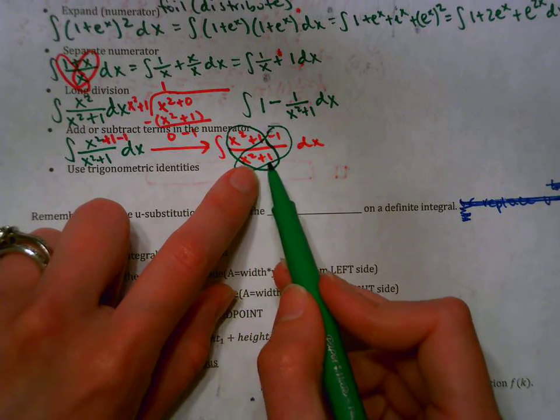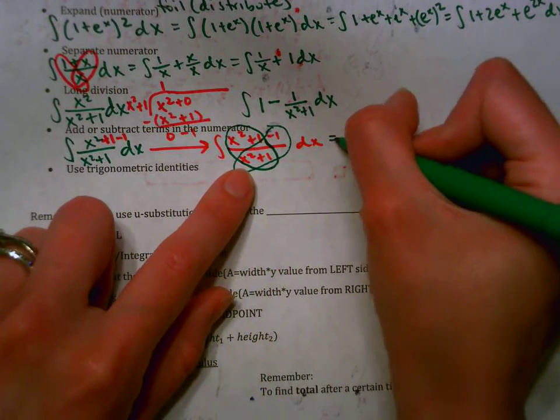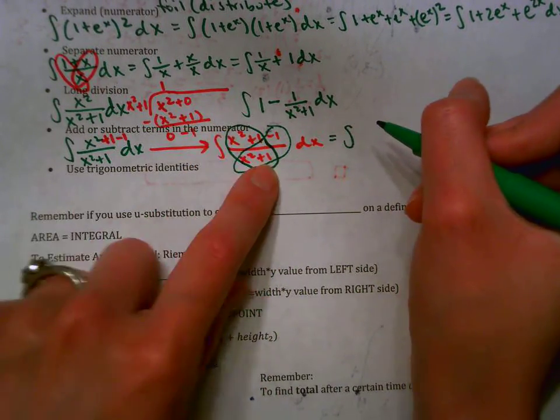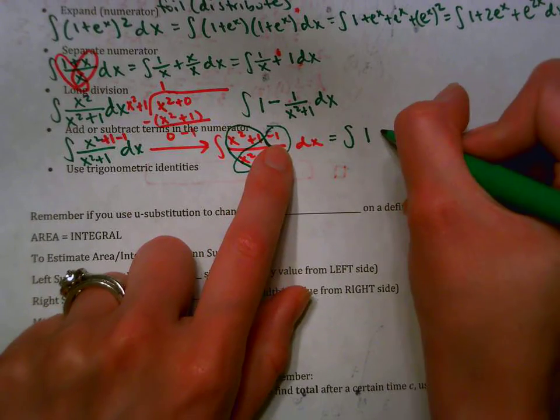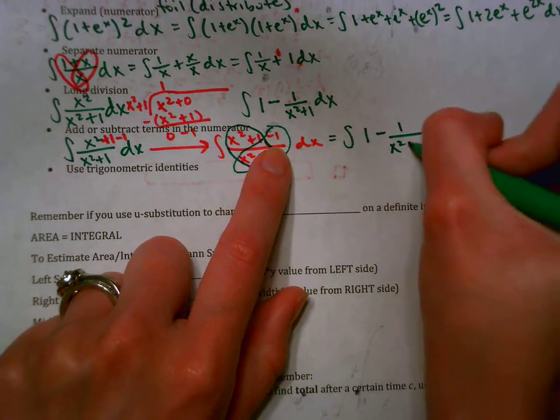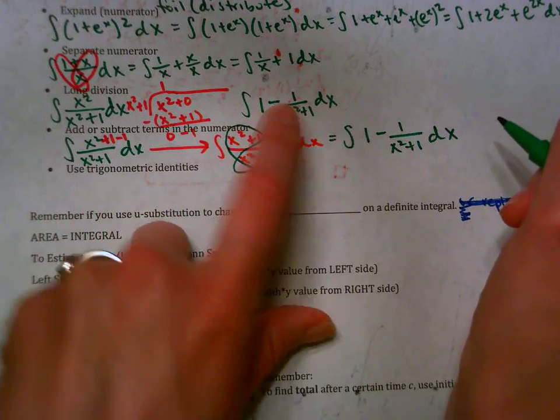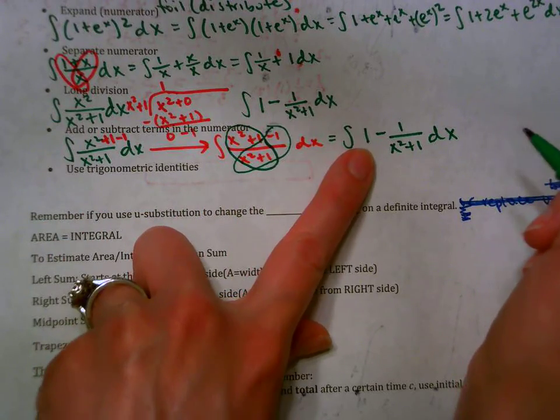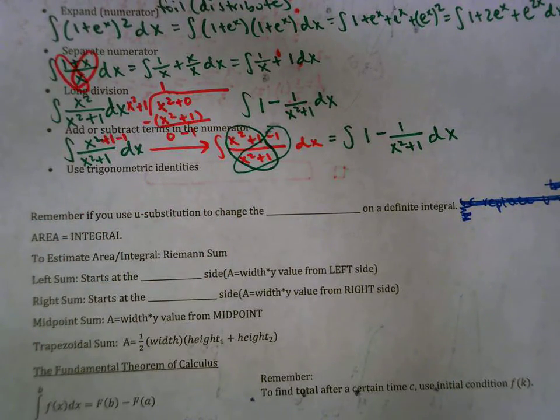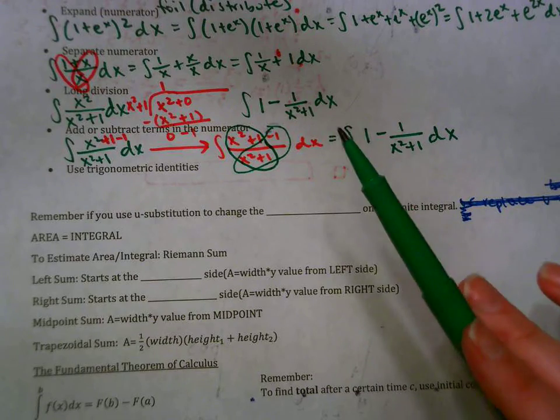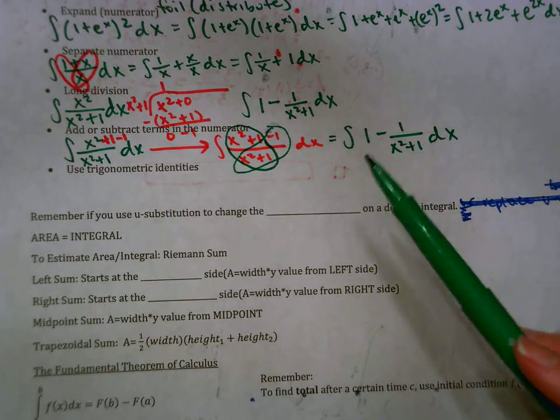I didn't separate my x squared plus 1 on the bottom. And that would turn to x squared plus 1 over x squared plus 1 is just 1 minus 1 over x squared plus 1, and you can see that's the same as doing long division. So those are some more algebra-based methods that we haven't focused on. Just wanted to show them to you.